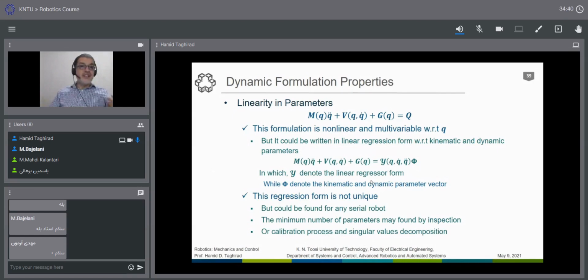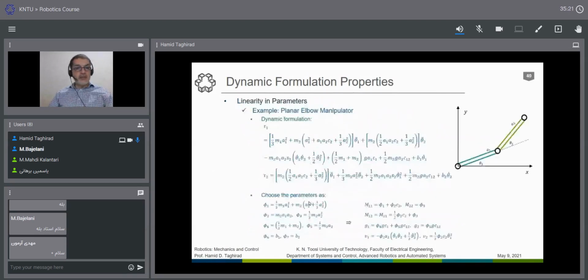If we would like to find the real parameters of the robot, the real mass parameters, the real center of mass of the robot, from experiment, we can again use this linear regression form and some techniques in the calibration process, which we cannot cover in this introductory course, but this is also a fantastic idea. Optimization and the least squares method can be used here to find the calibration parameters of the robot.